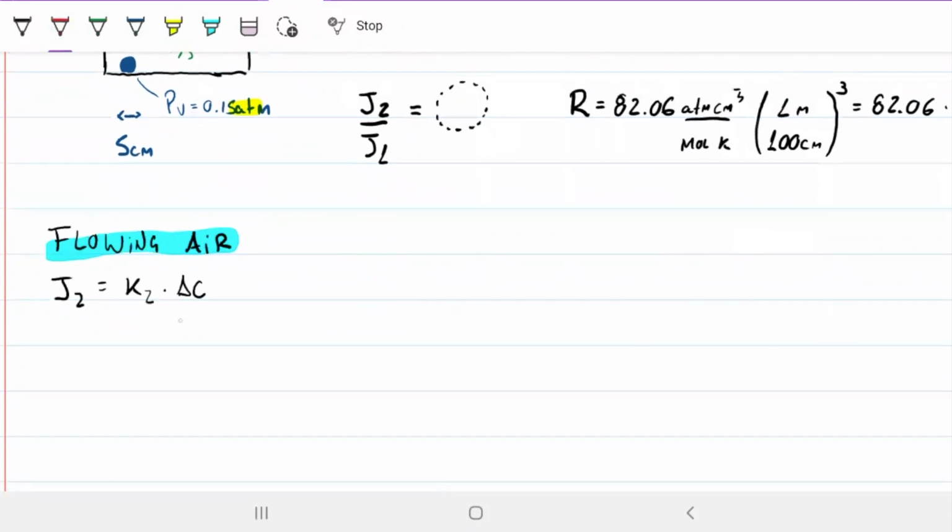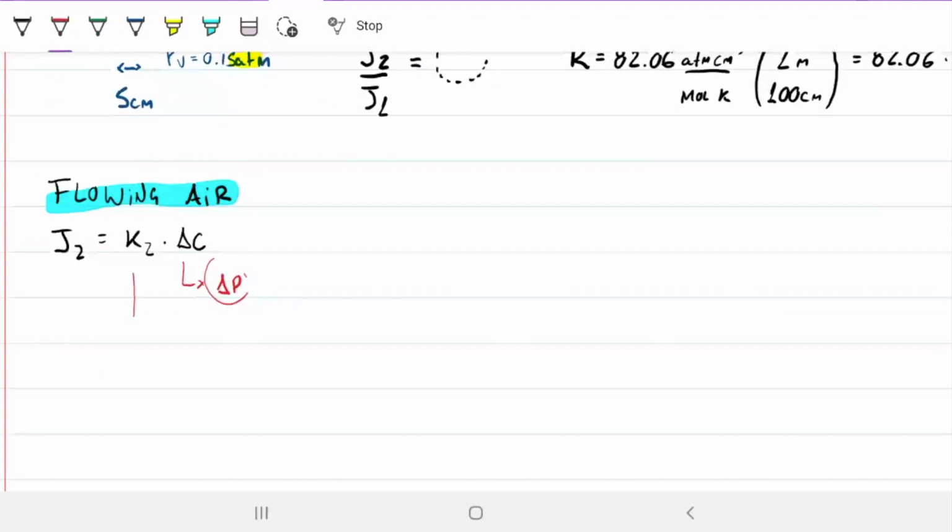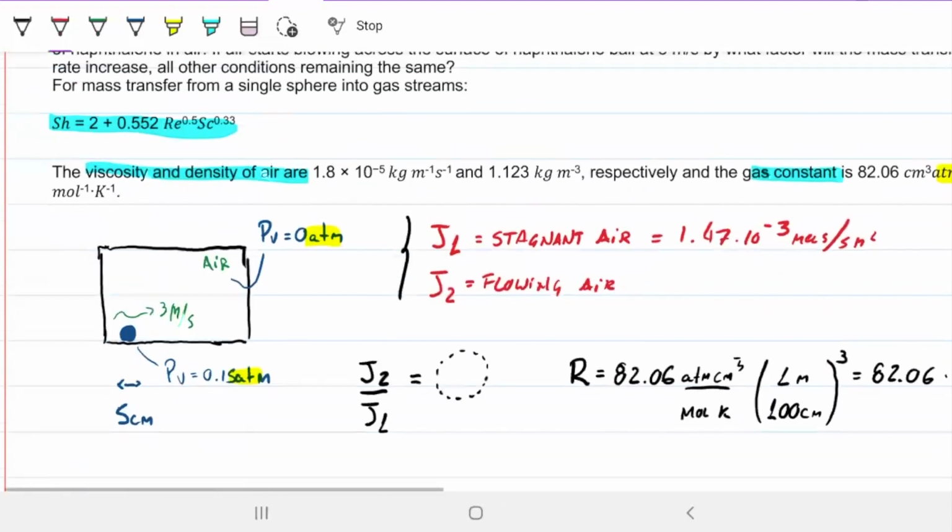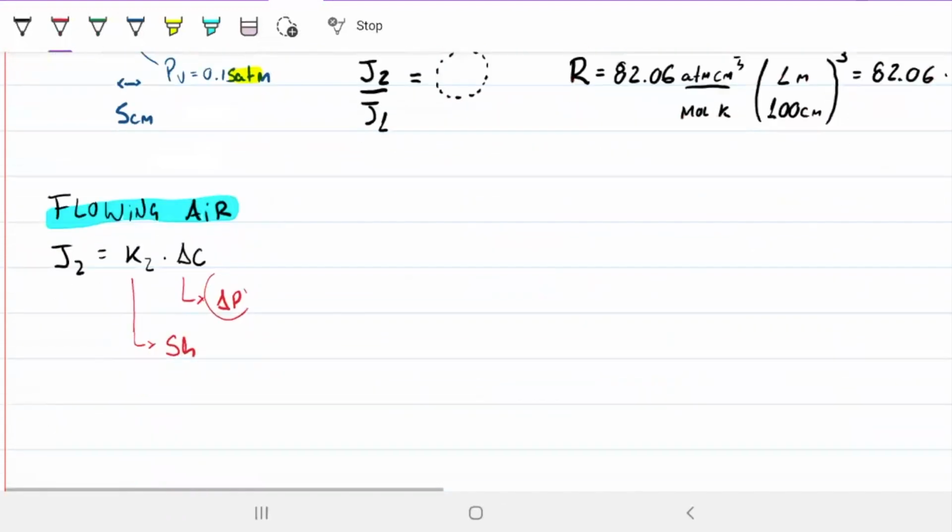Well, concentration I can find by relating the delta in pressure. I can use the delta pressure to find concentration. And K2, we can find by finding Sherwood's number. And to find Sherwood's number, I need Reynolds and Schmidt's number.